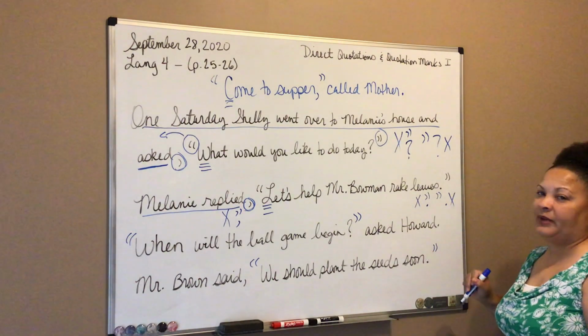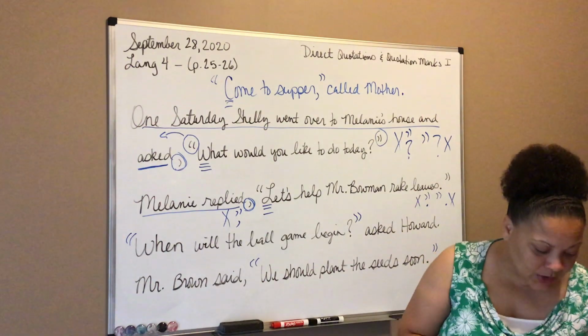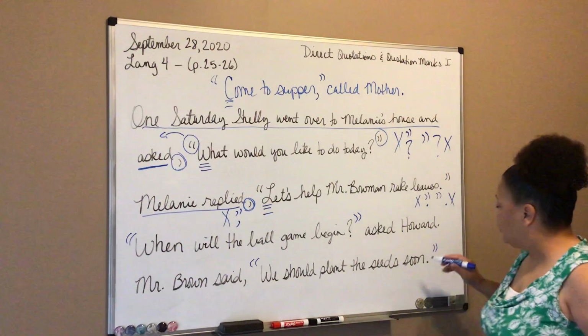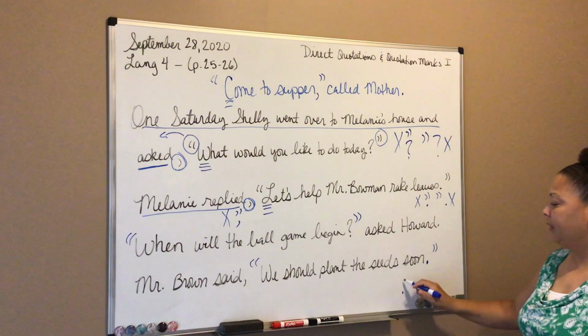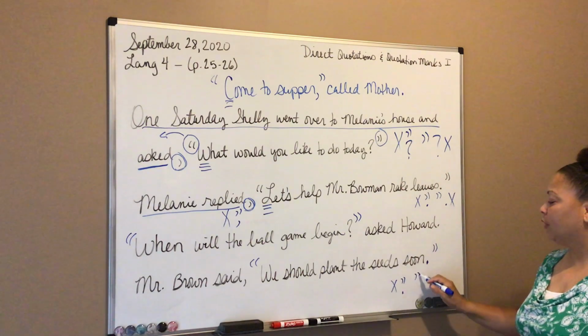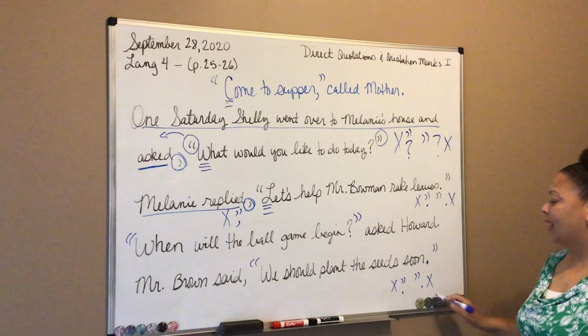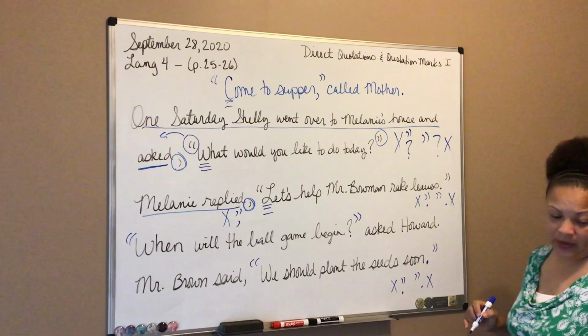Not on top of the period, okay? All right. So you will put your period and your close quotation. Do not put period and close quotation on top. I will mark it wrong. Do not put close quotation and then the period. That is wrong. It is period, then the close quotation, okay?